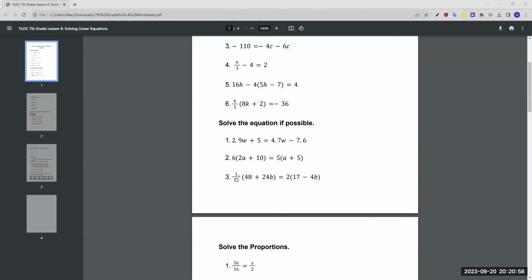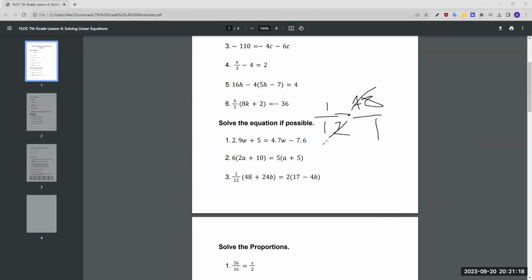Number 3, 1 over 12 times 48 plus 24b equals 2 parentheses 17 minus 4b. Now, there's a fraction here, so that's going to be a little trickier. But it's the same concept when we distribute.